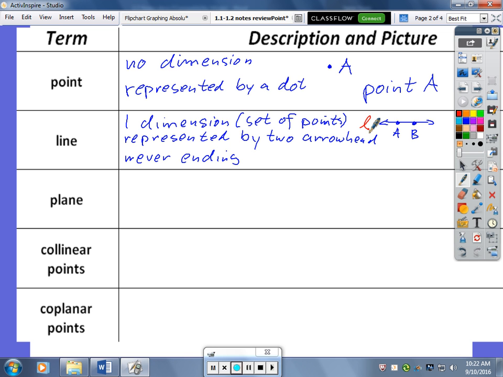In this case, I used L. And so we can either call this the line L, or we can also write it as a short little line over the 2 points A and B, which are the points on this line.